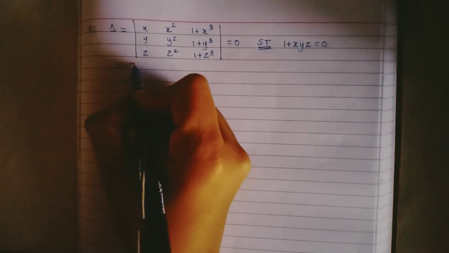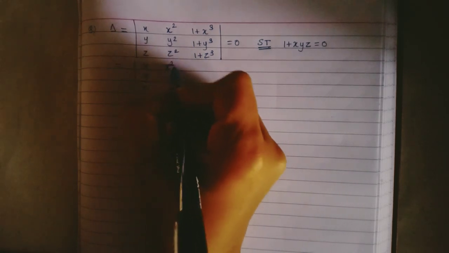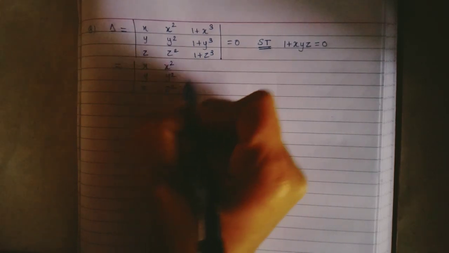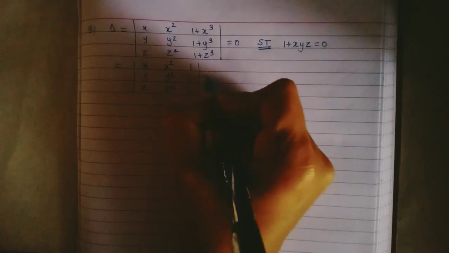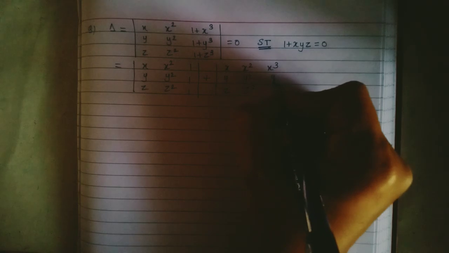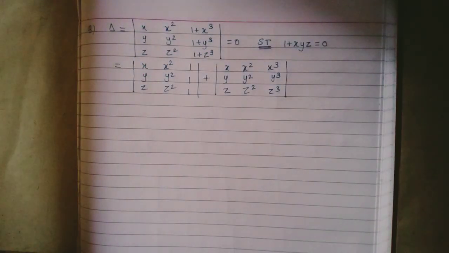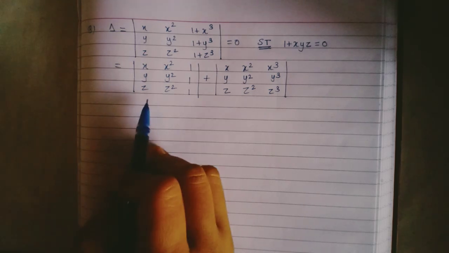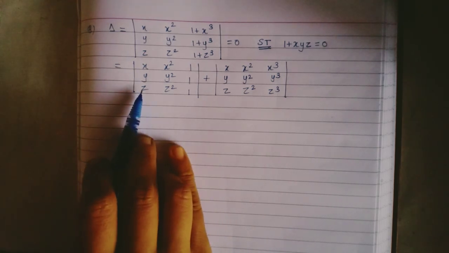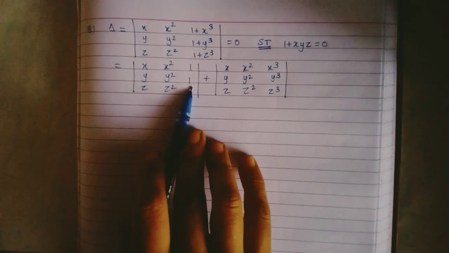So if I expand this, I can write this in terms of two determinants, that is addition, plus x cube, y cube, z cube. Okay, now I'm going to write this as 1 here and xyz here.